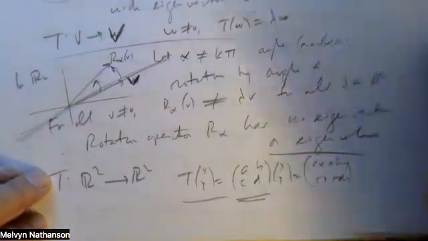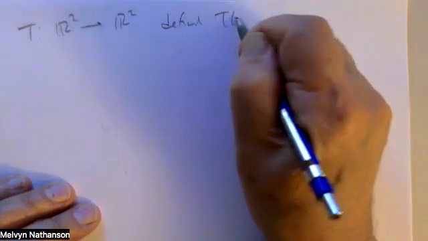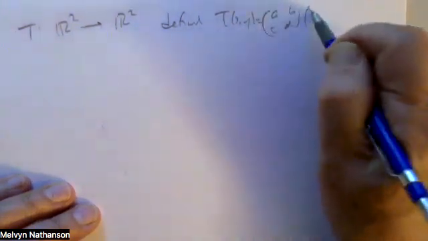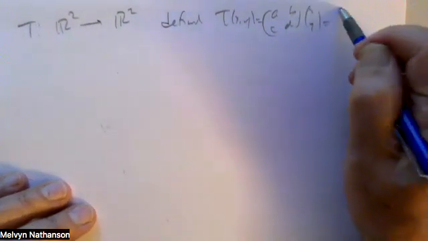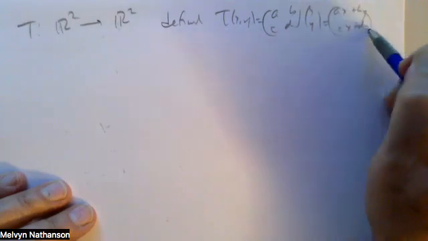So what can we say about eigenvalues and eigenvectors for a linear operator T from R2 to R2 defined by T of (x, y) equals the matrix (a, b; c, d) times the vector (x, y), which is (ax + by, cx + dy).